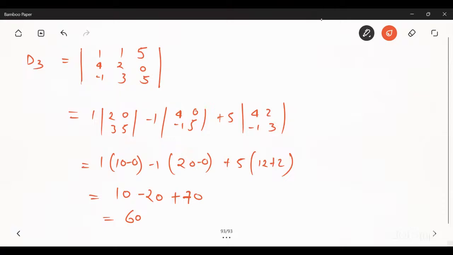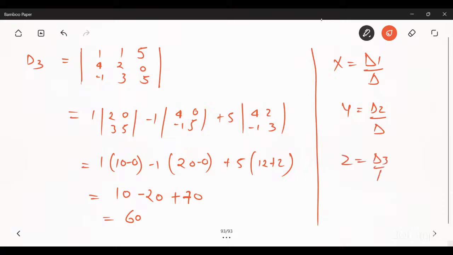Now the value of x is delta 1 by delta, the value of y is delta 2 by delta, and the value of z is delta 3 by delta. The delta value is 50 and delta 3 is 60, so z is 1.2.